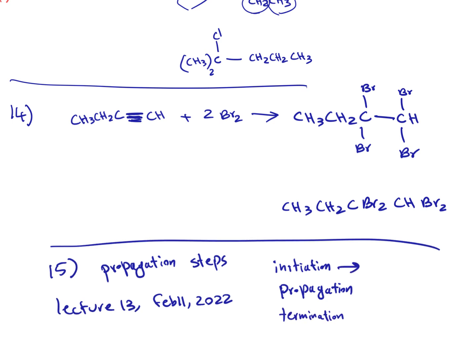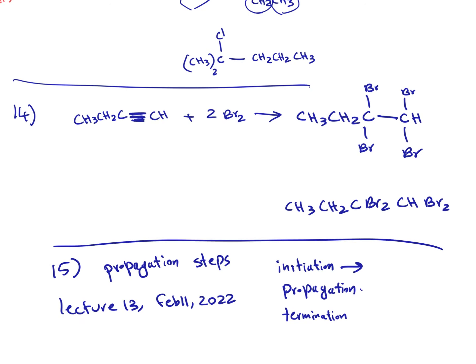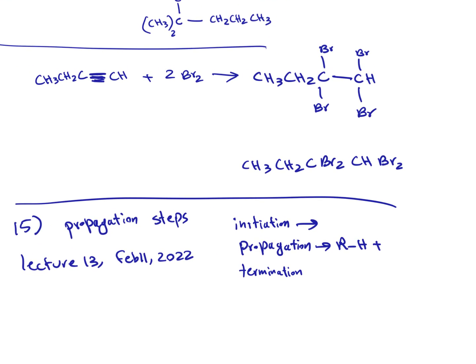In the initiation step, we had the halogen molecule being broken down to its atoms. So we had, for instance, chlorine atoms or bromine atoms, depending on what we had. In the propagation step, we had RH or alkane plus one of the atoms of the previous step, right?